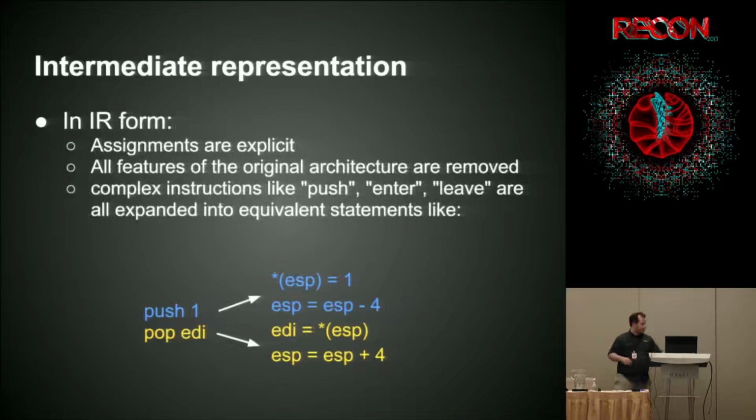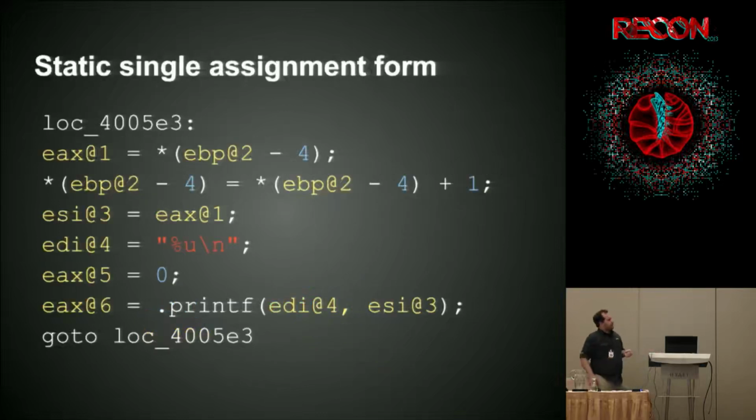So then you can apply SSA form. The single static assignment is a form where every variable only has one definition and a couple uses. So here you have, for example, EAX, and it's used here. When it's reassigned here, it has a new index, so it's considered a new variable.